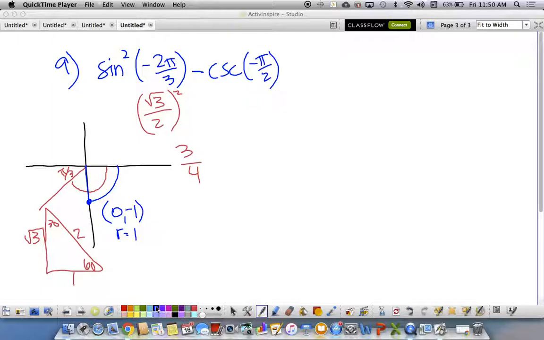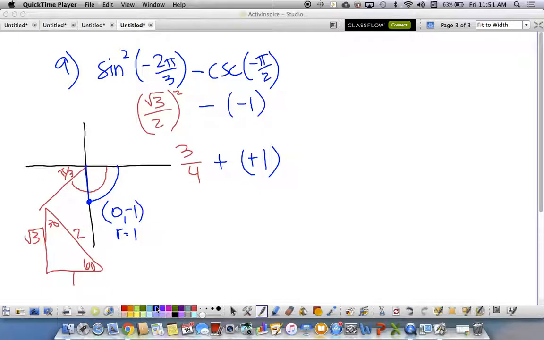If I flip it, it's r over y, which is 1 over negative 1. It's still negative 1. Now we're minusing a negative 1, so we add the opposite. What is our answer?